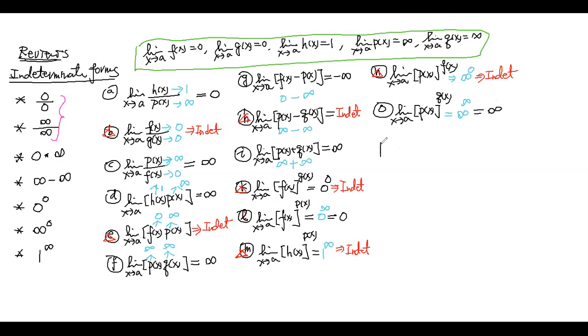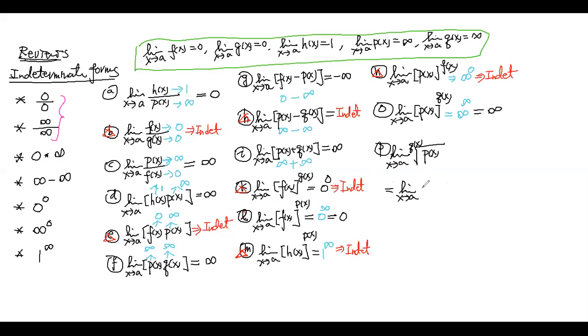Okay, so let's take a look at part P. This is the limit as x approaches a of p(x) to the q(x) root. Let's take a look at this one.